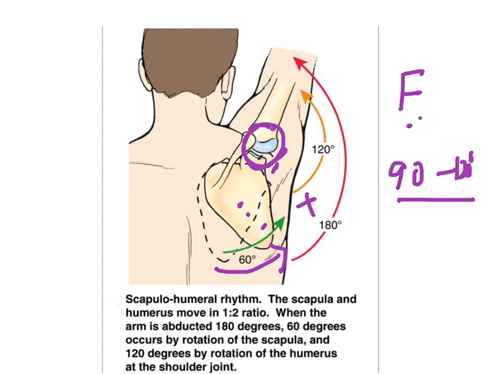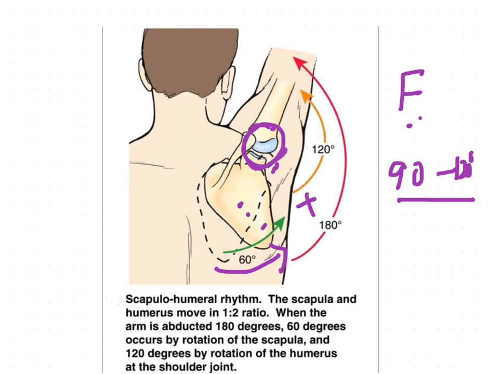So 2:1 means glenohumeral to scapular motions in the ratio of 2:1. Here, the scapula and humerus move 1:2. Both are the same.